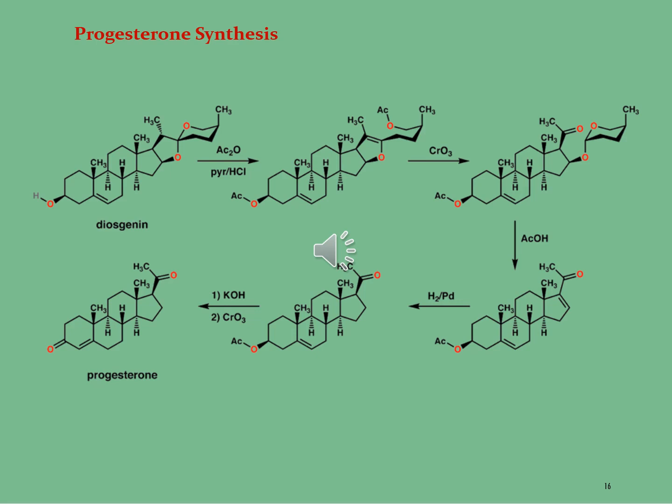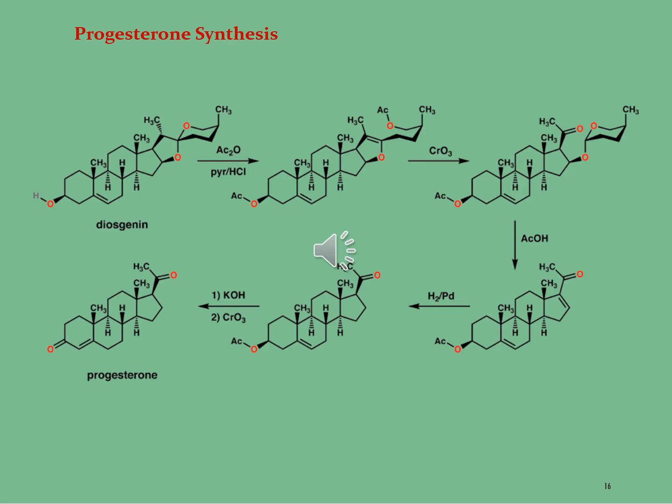This is the second last molecule, which is further treated in the first step with alkali, that is potassium hydroxide, and in the second step with chromium trioxide. So the acetyl group is further converted into a carbonyl group at carbon 3 position.